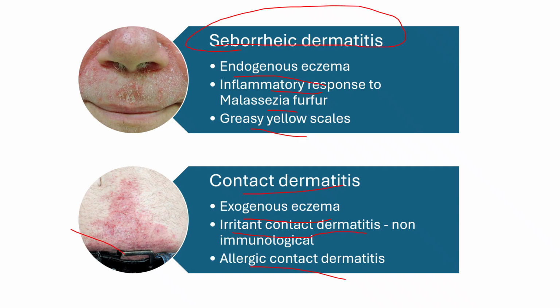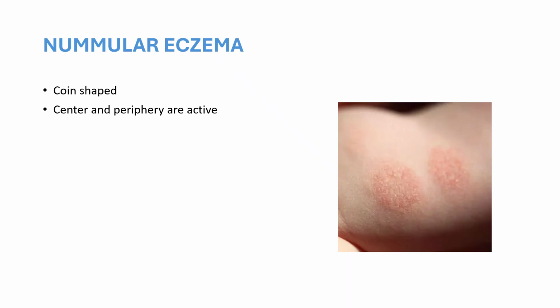One of the most common examples is nickel, which is used in belts. There can be constant irritation to the skin due to the nickel in the belt, and that can lead to severe itching and scratching. That is called contact dermatitis.